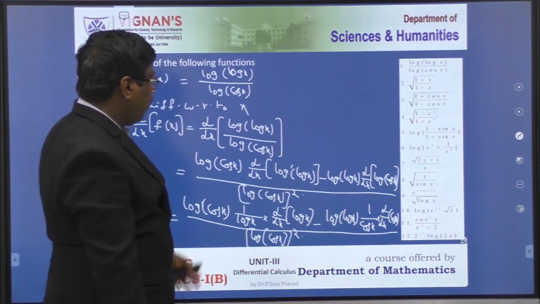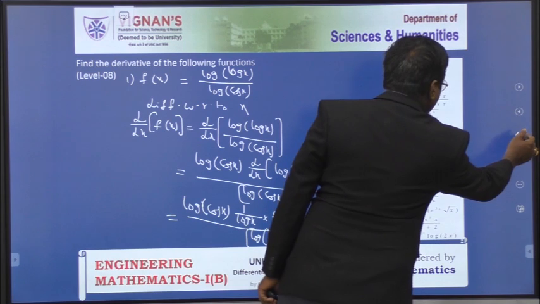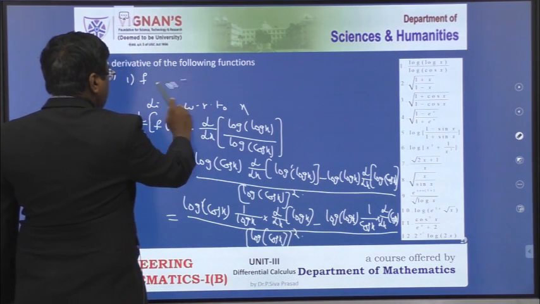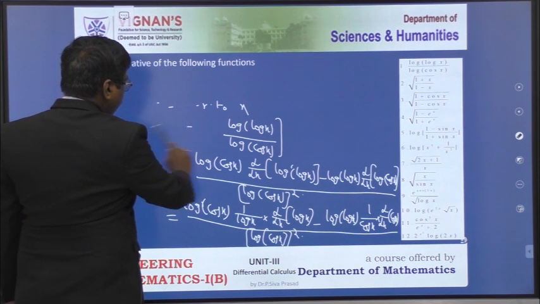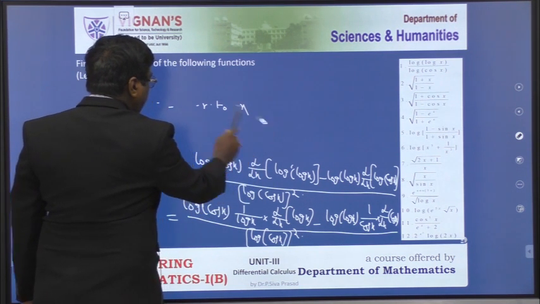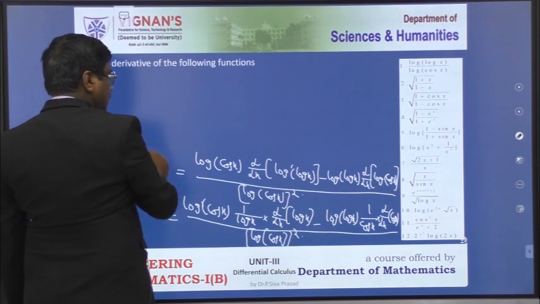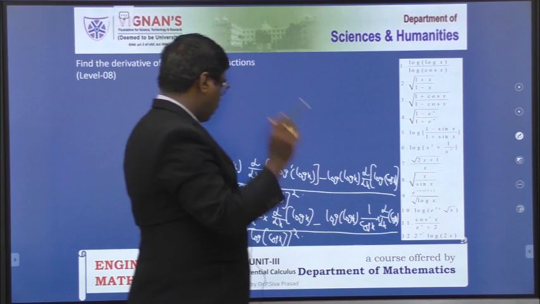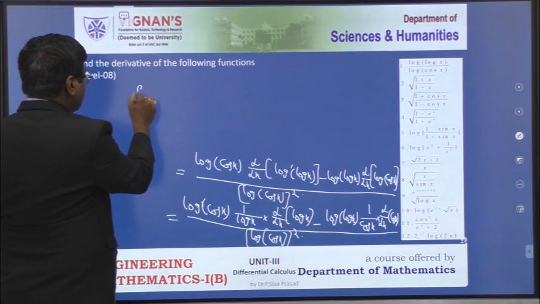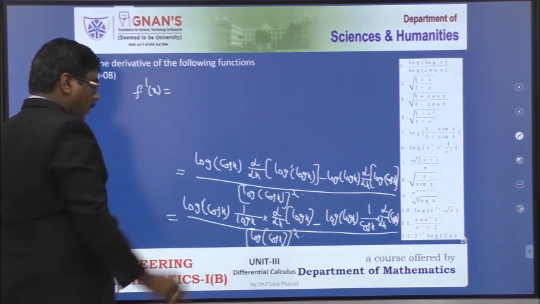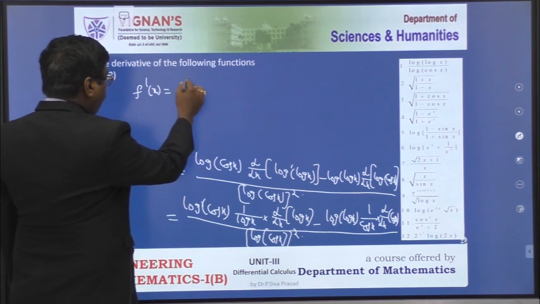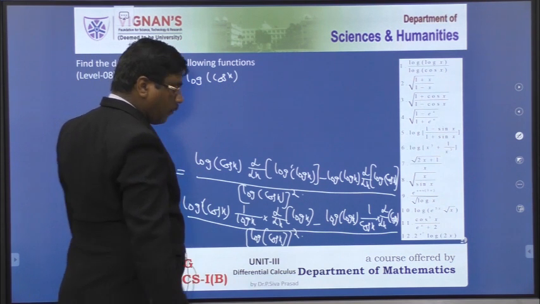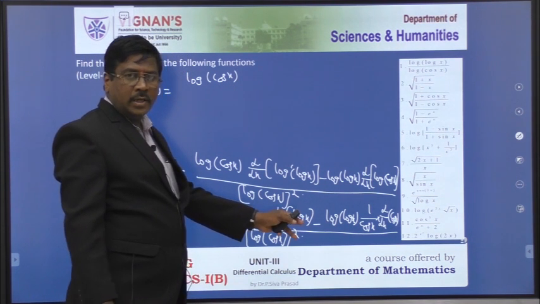Now we have to do the simplification. So d by dx of f of x is f dash of x. Therefore, f dash of x is equal to log of cos x into d by dx of log x, which is 1 by x.